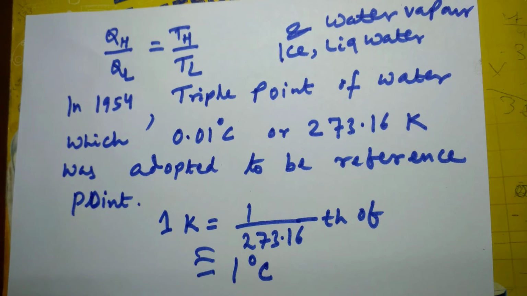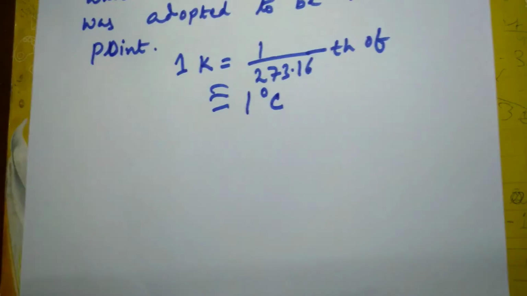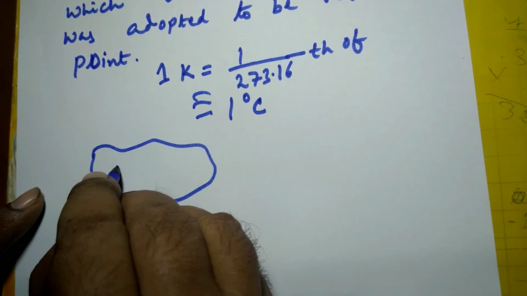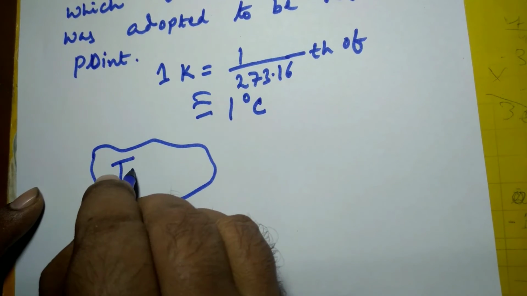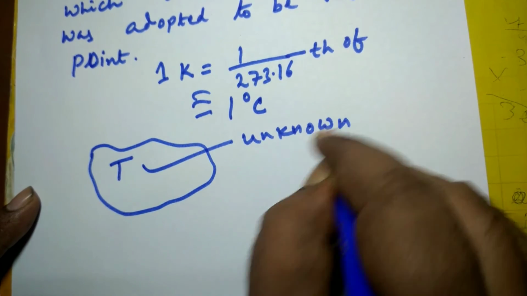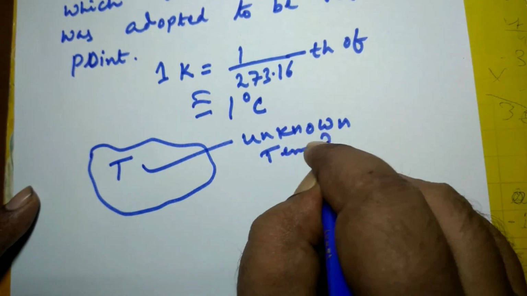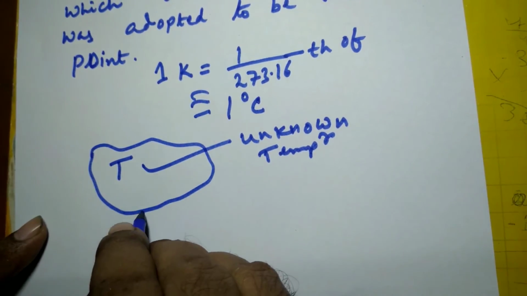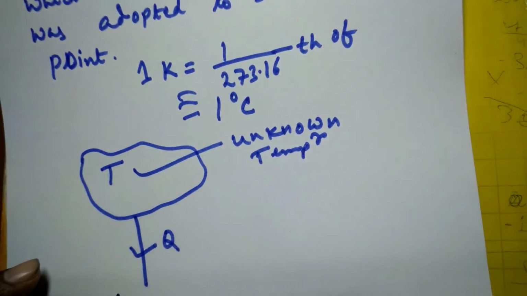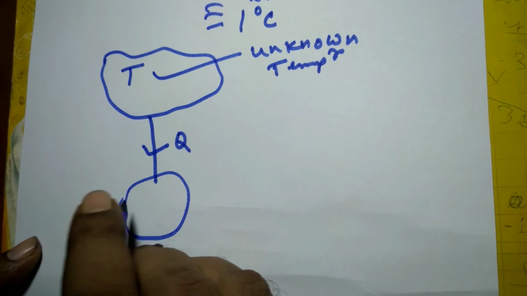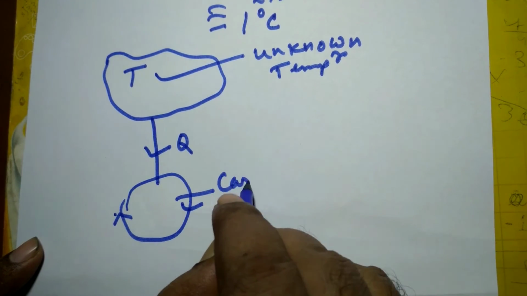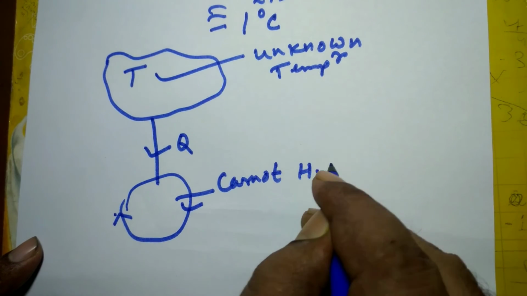273.16 Kelvin. So if we operate a reversible heat engine, suppose this is the temperature to be measured, unknown temperature, and we operate a heat engine. Suppose this is Q and this is your Carnot heat engine or reversible heat engine.